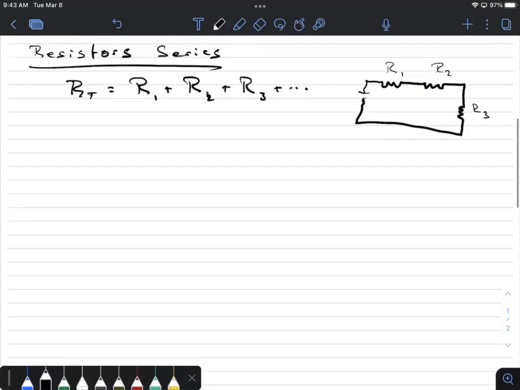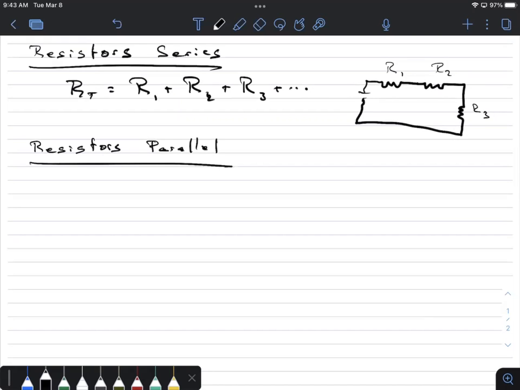Now, the other way we've been dealing with is resistors in parallel. This, of course, is the slightly more complicated version.